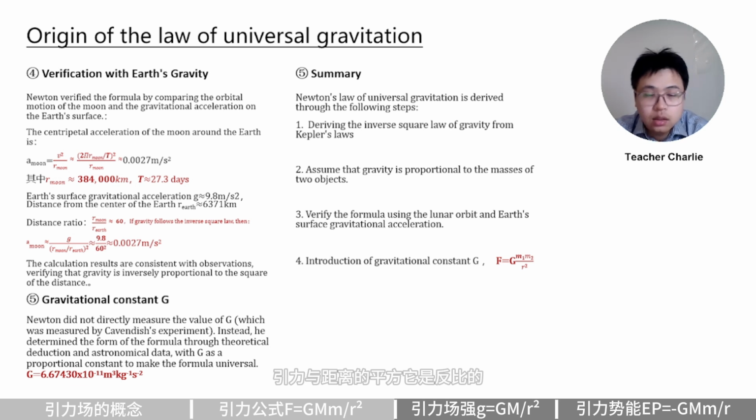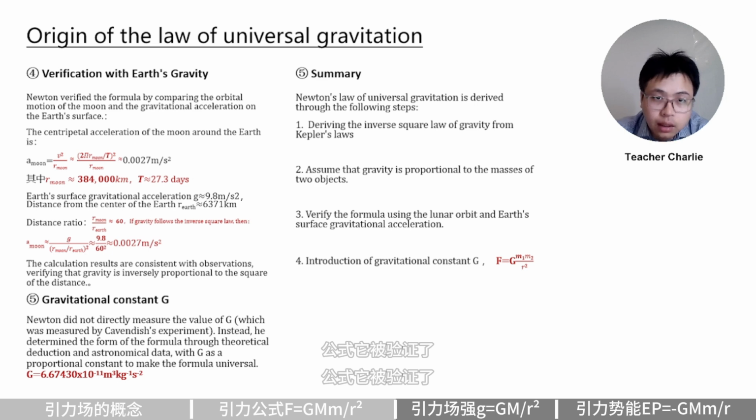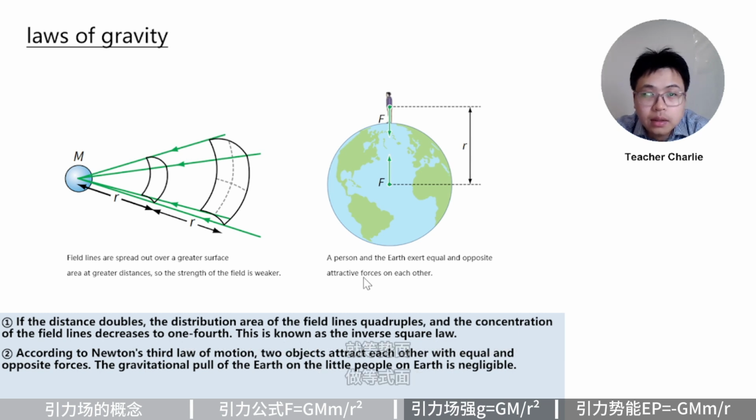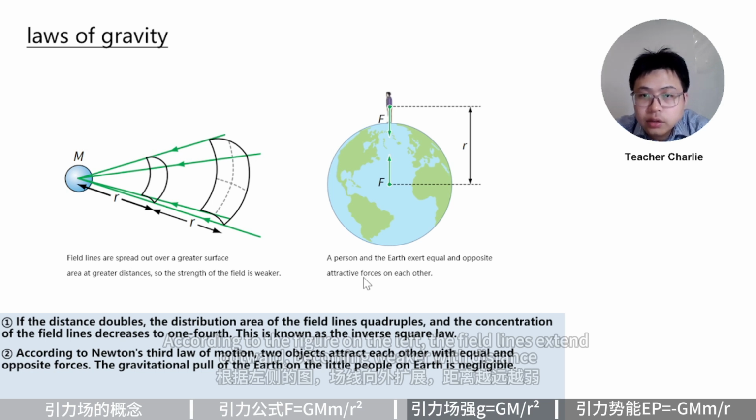which verified that gravity is inversely proportional to the square of the distance. In other words, the formula was verified. Okay, this is the next concept, equipotential surfaces. Here we are dealing with the equipotential surface of gravity. According to the figure on the left, the field lines extend outwards, becoming weaker with distance.